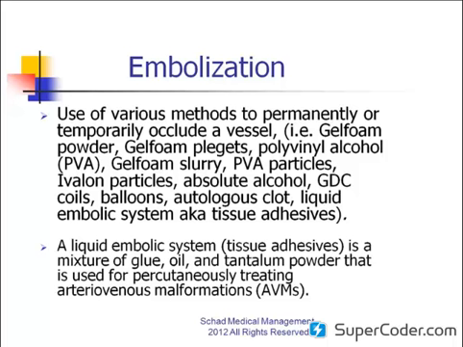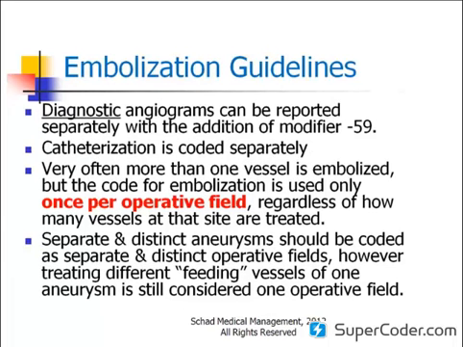So that's your embolization. On slide 4, one of the things you have to keep in mind, diagnostic angiograms can be reported separately, and you're going to have to put a 59 modifier on those to let the insurance carriers know that they are diagnostic. They're not the ones that you're doing to map out where you're going to start the embolization. Catheterization is also coded separately for embolization procedures.